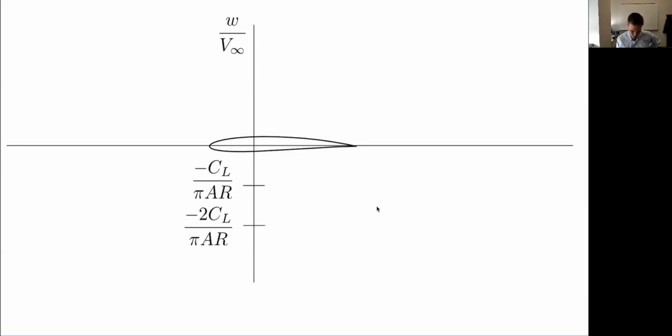So it'll look something like this. And now if I look at the total, I have to add those together because they both matter. It looks something like this, and this one would asymptotically go to the same point here and then get bigger over here. So that's the total in green.